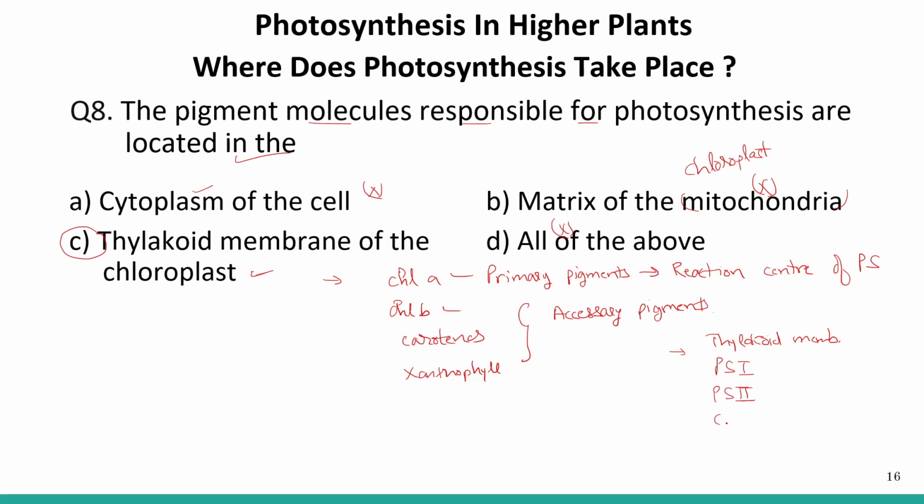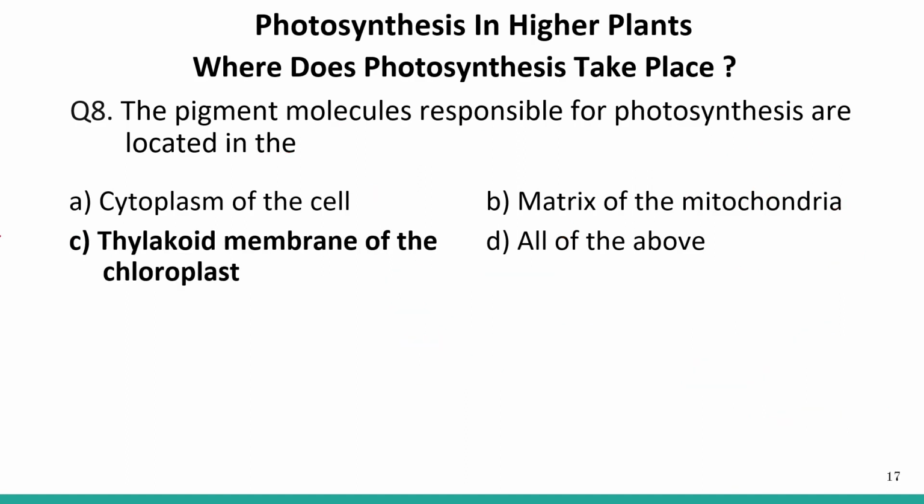And then it also consists of cytochrome b6f, which is involved in the electron transport during the electron transport chain, and it also contains ATP synthase, which is involved in the ATP synthesis. But here we are talking about photosystem 1 and photosystem 2, because photosynthetic pigments are present here. So the correct answer is option C, thylakoid membrane of the chloroplast.